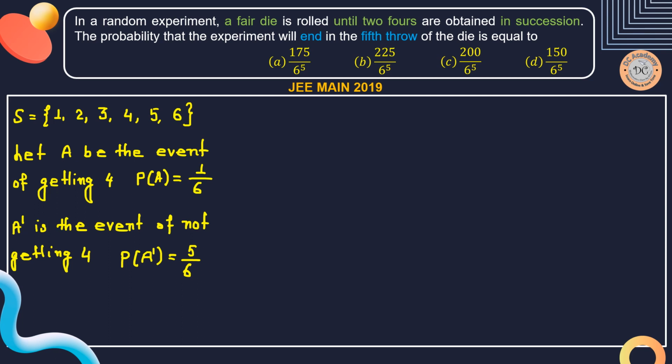Okay. Now see that here it says that the given random experiment, for simplicity I write it as RE, is stopped. This is actually the given condition. It's stopped at the fifth throw.